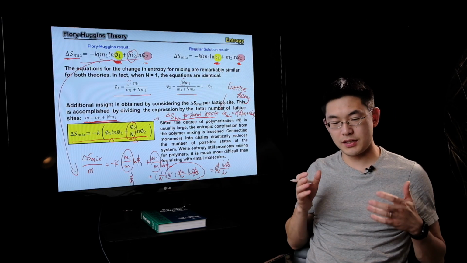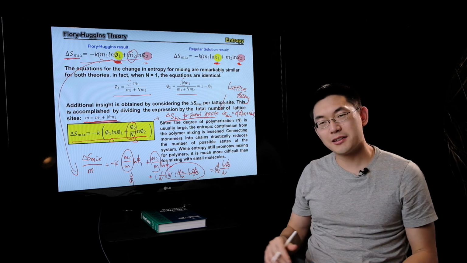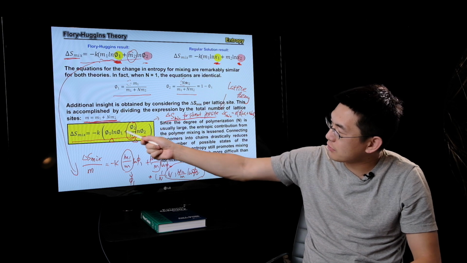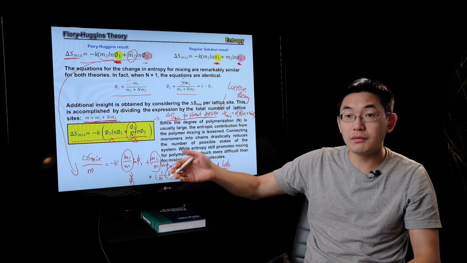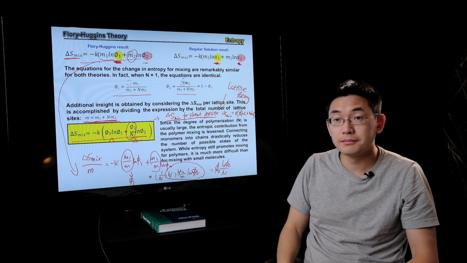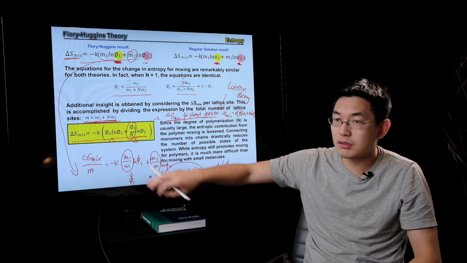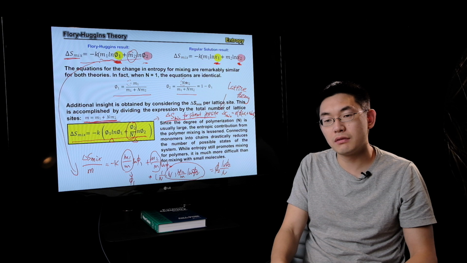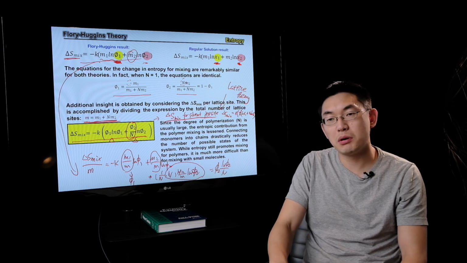What does this mean? This now means if we consider the polymer, the entropy contribution in the second term coming from polymer into the solvent is very little. If we have n equals 1,000, a degree of polymerization of 1,000 is very common. Think about polystyrene.